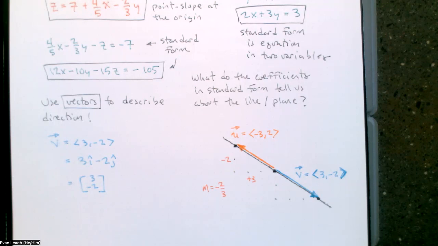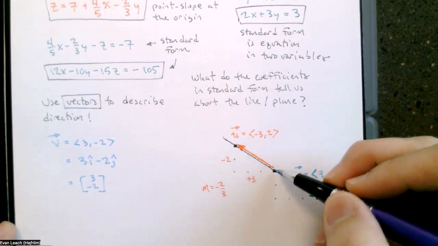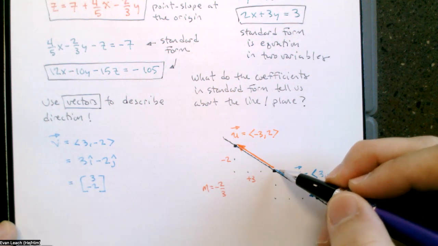That's because the coefficients in the standard form are not telling you the actual direction of that vector. The coefficients are telling you the direction of a vector perpendicular to the line. The coefficients in standard form are of the perpendicular vector.